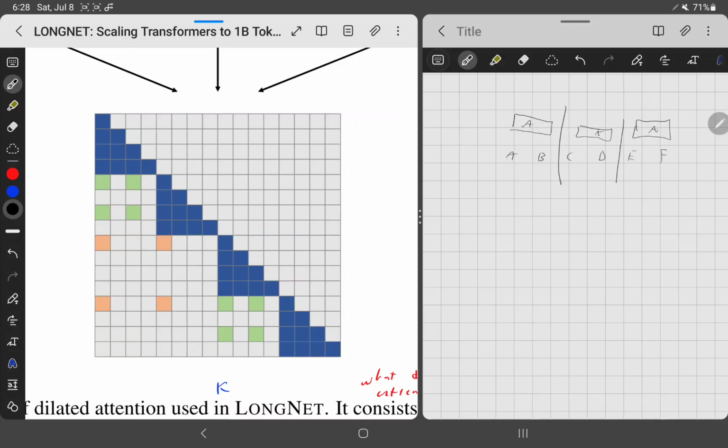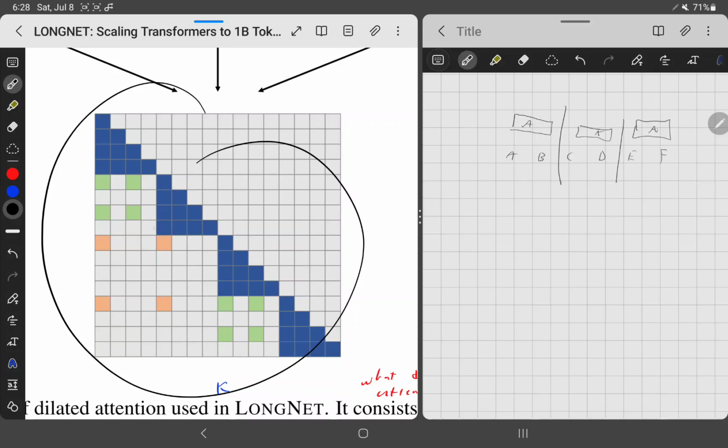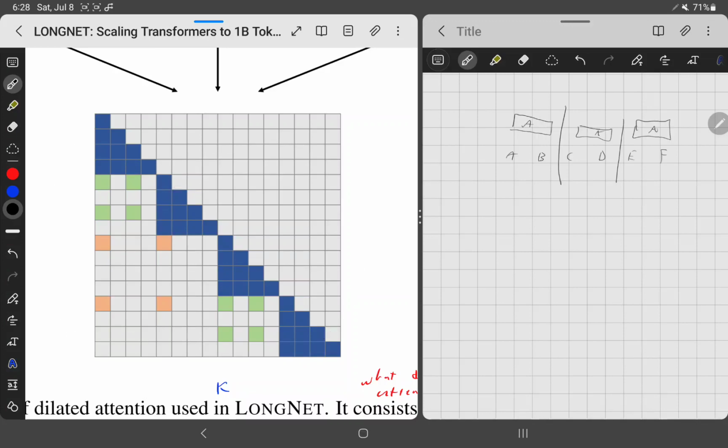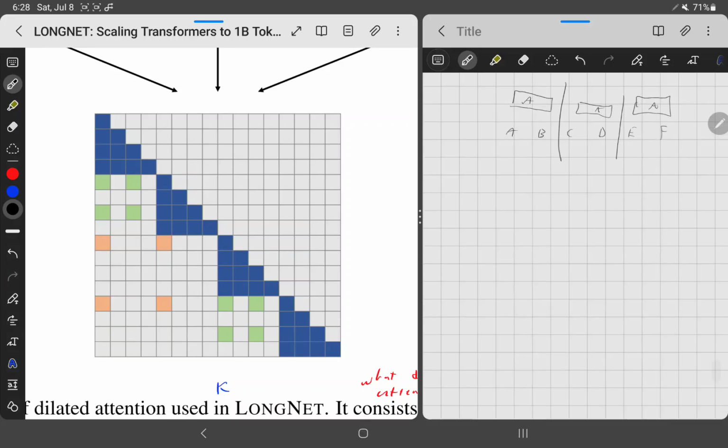So it's not as important for it to be attended to immediately, but it still should be reached as you increase the number of layers. As you increase the number of layers, this attention matrix kind of grows the receptive field. If you've seen a dilated convolution, you know that as you increase the number of layers, the receptive field grows.